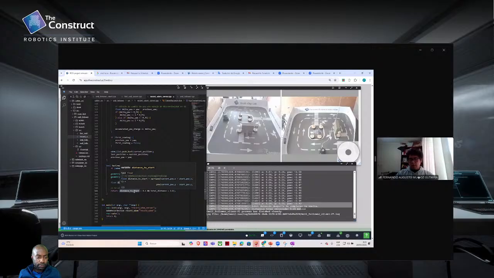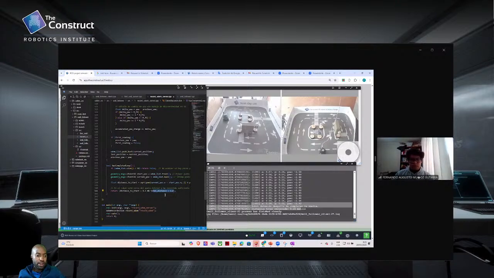I put this because you have to be very near the start point to stop the robot. But if you don't put the condition of total distance more than 3 meters, the robot never starts the sequence and doesn't move. So I put the start point and the robot follows the trajectory.